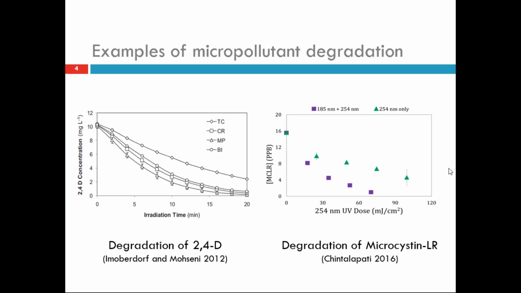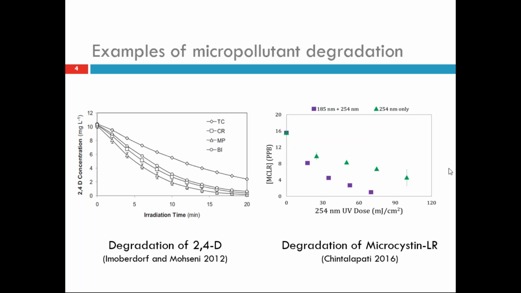The first graph shows degradation of 2,4-D. 2,4-D is a chemical found in herbicides, and in the graph, we can see 2,4-D concentration in milligrams per liter on the y-axis. The x-axis has the radiation time for vacuum UV. Here experiments were carried out using different surface waters from British Columbia, and we see steady degradation of 2,4-D with the vacuum UV application for all the different surface waters.